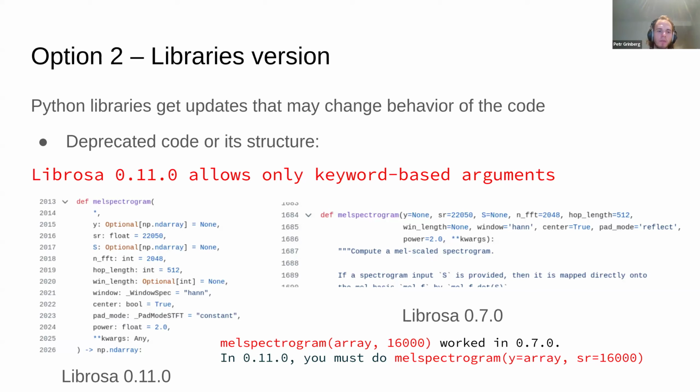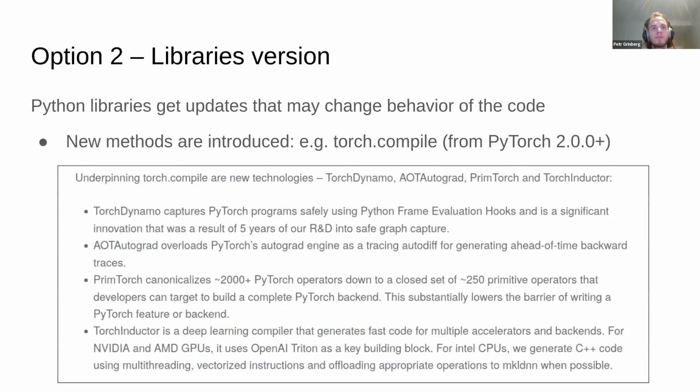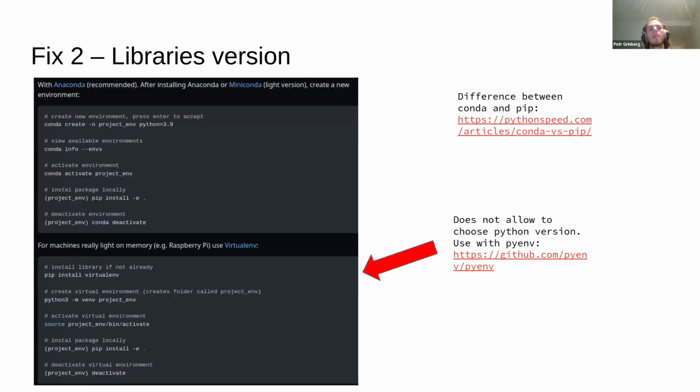You cannot do this. So instead, we say, let's create one Python to run project 1 and another Python to run project 2. So Python for project 1 can use librosa 11, and Python for project 2 can use librosa 7. Is it clear now? Yes.